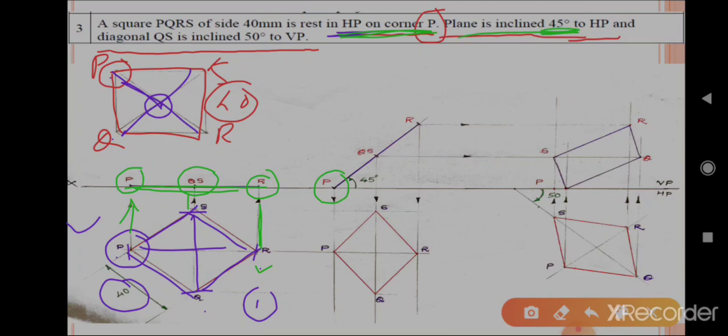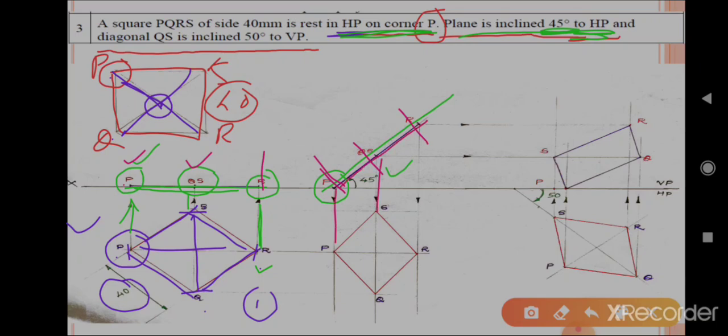So with HP inclination, we can take it first with resting HP. Mark the line of 45 degrees, then take the distance P2, then the distance P2 QS, mark P2 QS distance, then P2 R, and we get all the points.